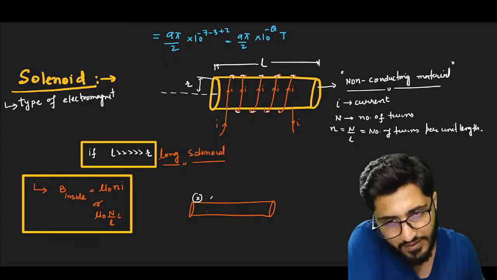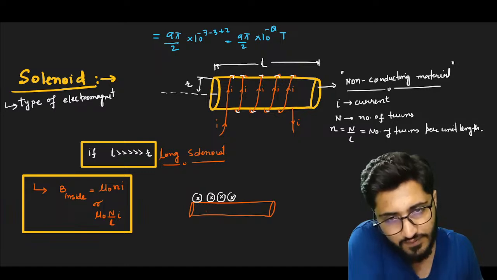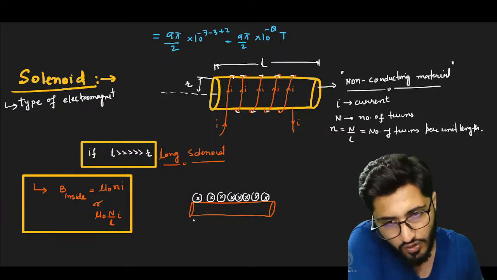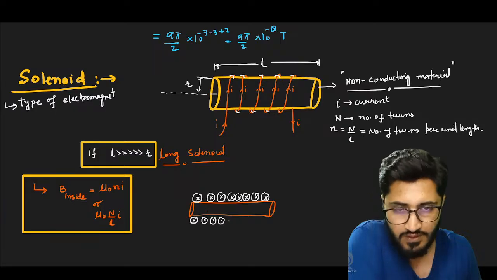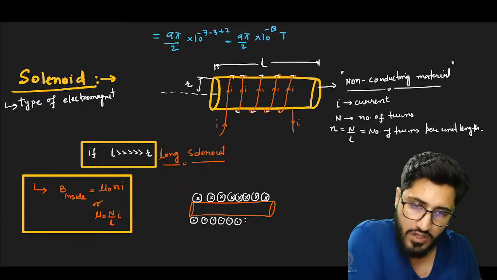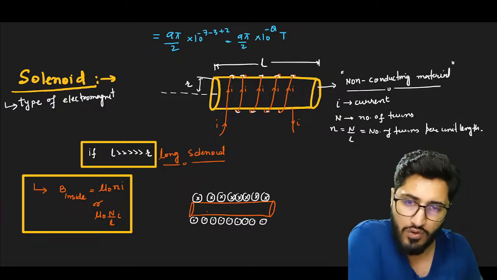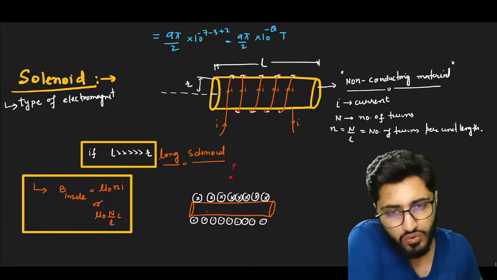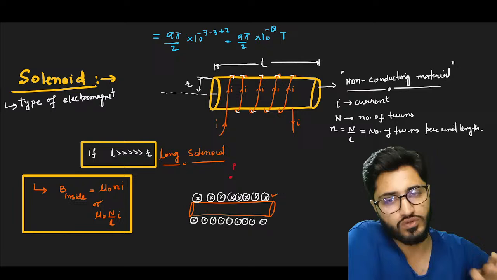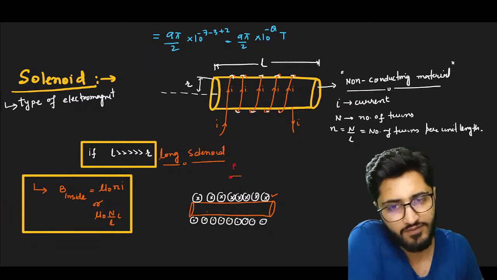Cross represents current going inside from this side, and dot represents current coming out from this side. And the rod is very thin. Now, suppose we are talking about this particular point P. Due to this current, my magnetic field will be here. It is B1.